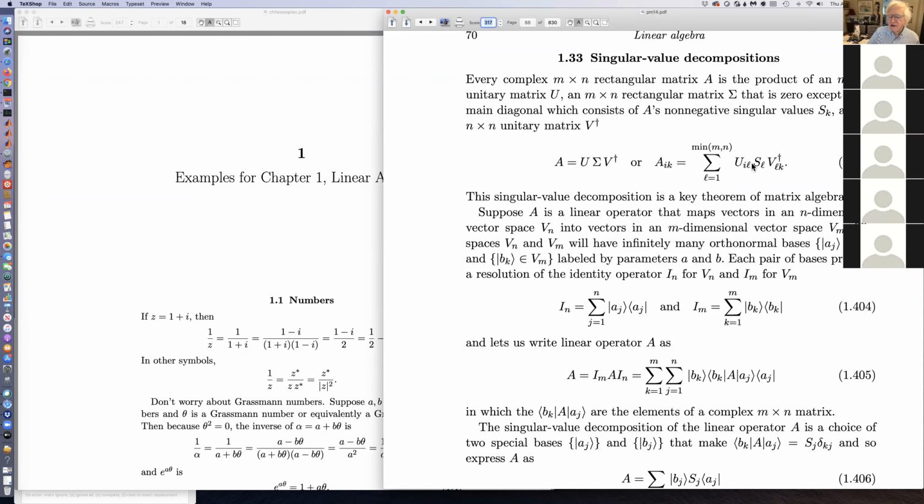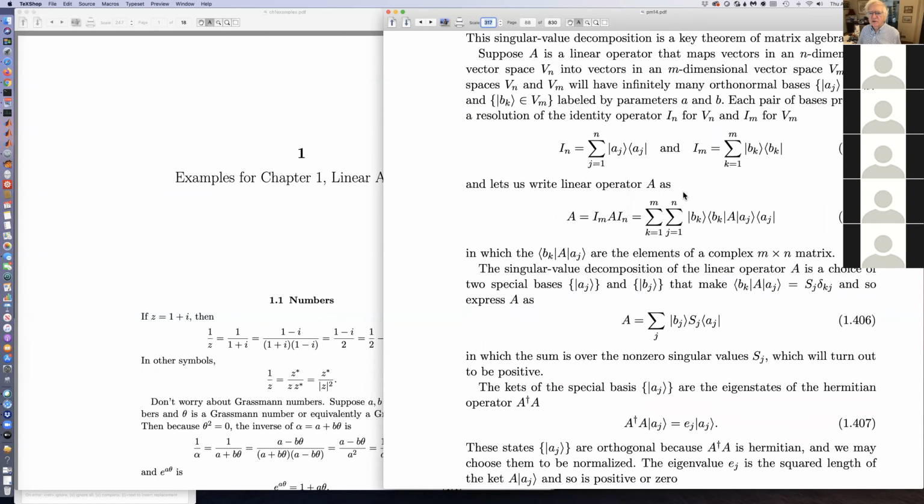Notice how much this simplifies things. Because in general, if we wrote A as the product of three matrices, we would have two sums, over L and K'. Whereas here we just have one sum over L, and L goes up to the minimum of the two integers m and n.